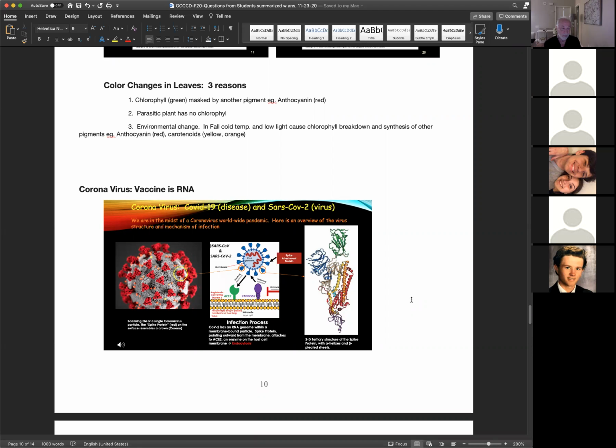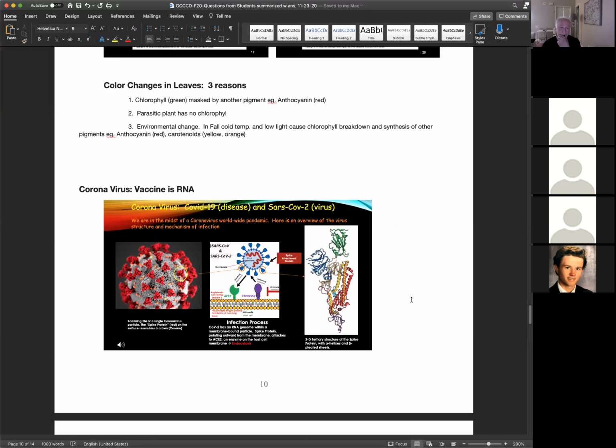And so with respect to the question, we know it's not spike protein, it's not the vaccine because it's a protein. And we know that the vaccine is not a protein. So what's left? RNA, the genome.